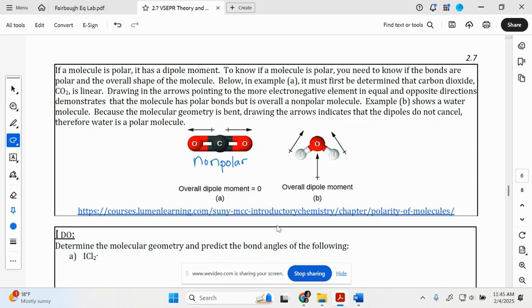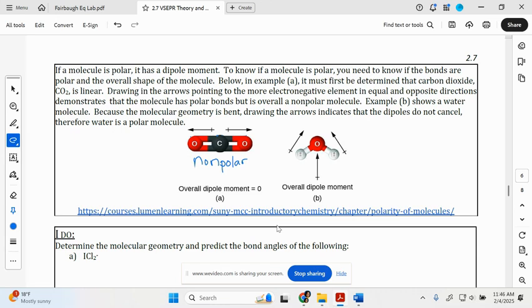So we talked about dipoles, right? Di means what? Two poles. Here you have a positive end and a negative end. But over here, you would have the positive and the negative, and it all balances out. It cancels those dipoles out, and you end up with a nonpolar molecule. So that's one thing that can happen.